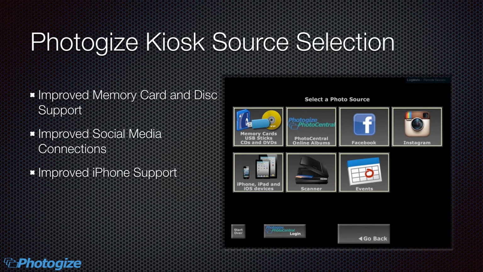We've improved the support for our optional iPhone kit. It works better. We've added support for printing EventPro albums. And lastly, we've added a new optional Scannerkit, so you can actually connect our kiosk to a scanner and your customers can scan their photos.